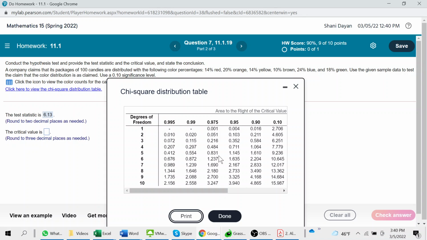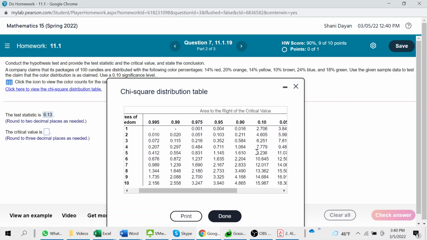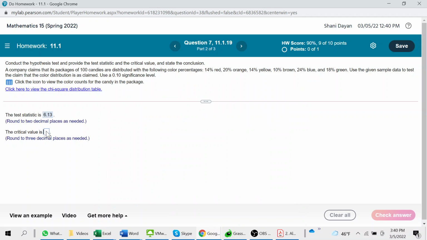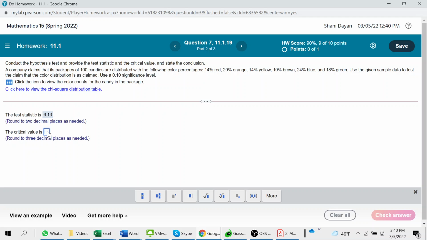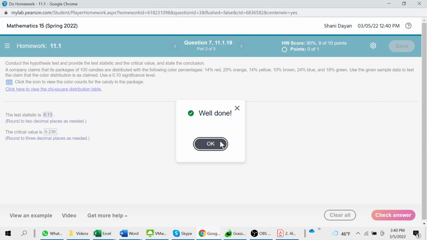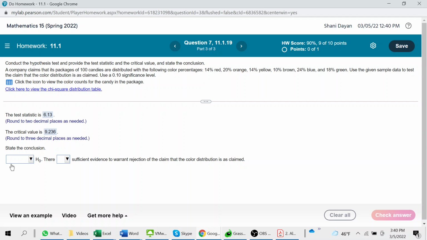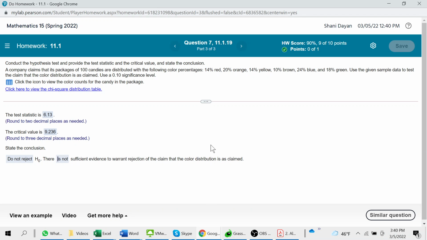So that means, here it is, 9.236. Got it. So we do not reject the null hypothesis because there is not sufficient evidence to warrant rejection of the claim. Okay.